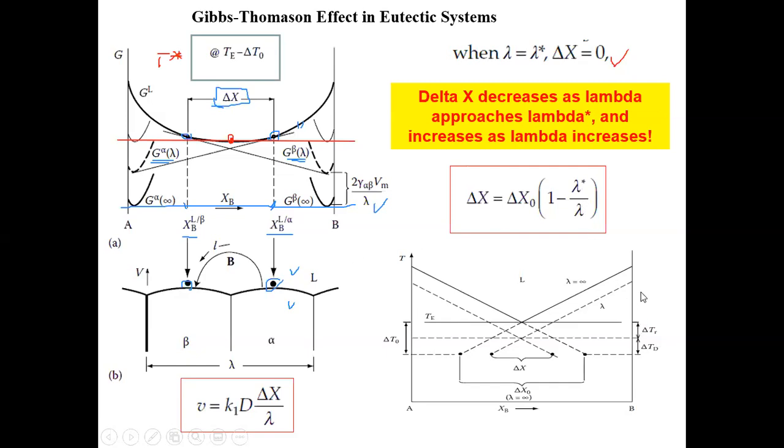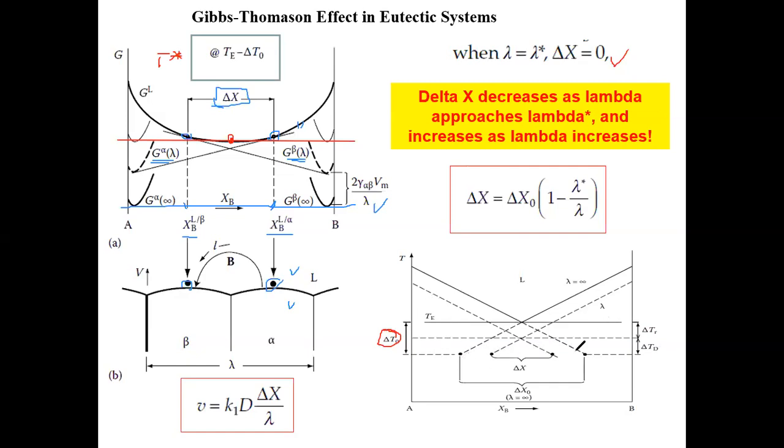The basic idea is that if we look at the double tangent construction, if you look at this line and this line, can you imagine these are the double tangent construction lines or similar to that? This is delta T naught, let me highlight that for you. This is the overall supercooling. This is very much like the constitutional supercooling that we went through in the alloy solidification cases.